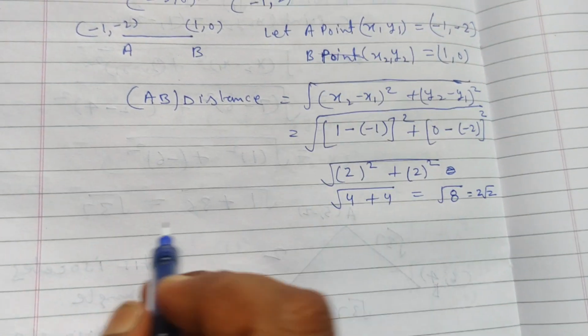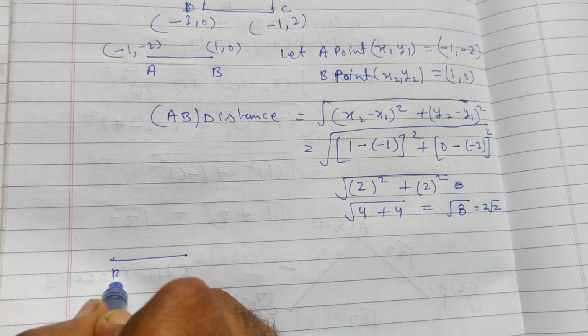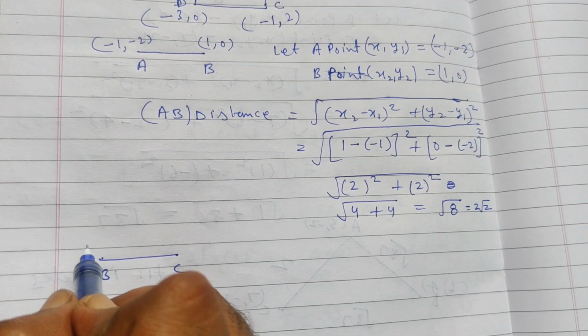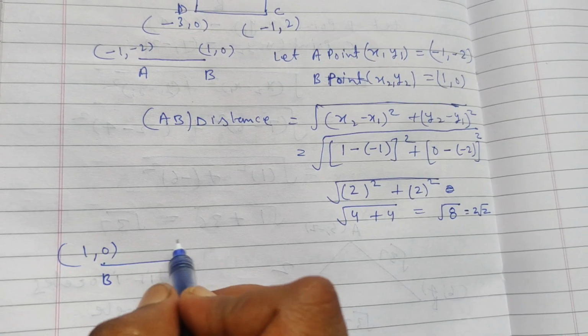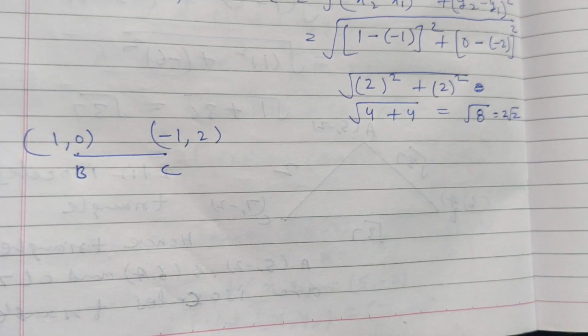Similarly, the distance BC, with B (1, 0) and C (-1, 2).